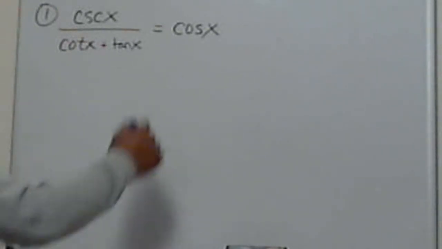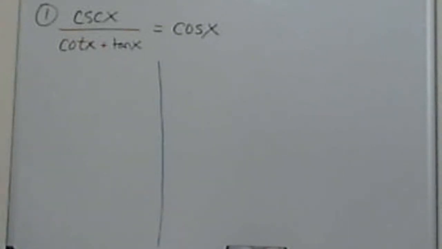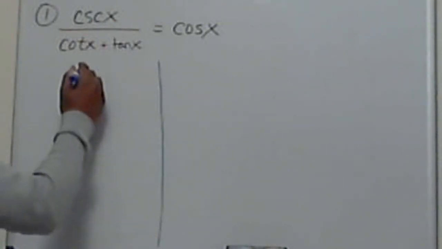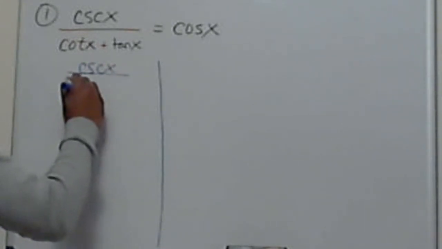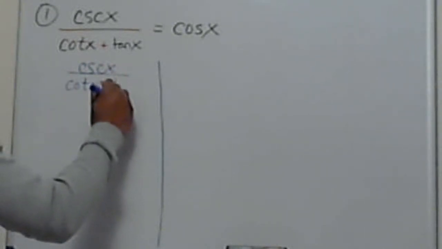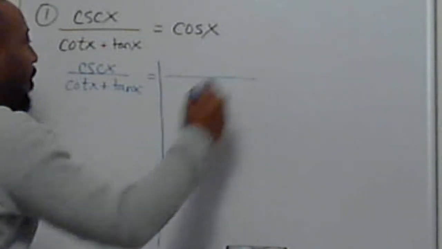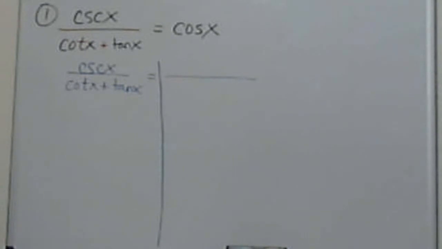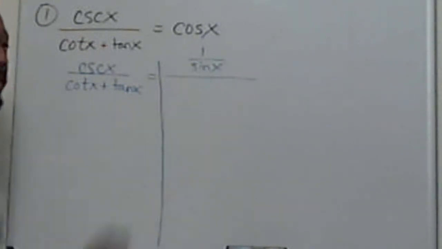All right, so now let's lead ourselves down the road here. We're going to start off with cosecant x over cotangent x plus tangent x. That's going to be equal to, well, cosecant x is the same as 1 over sine x.